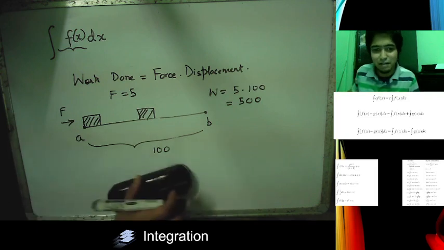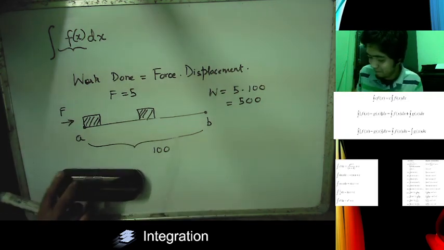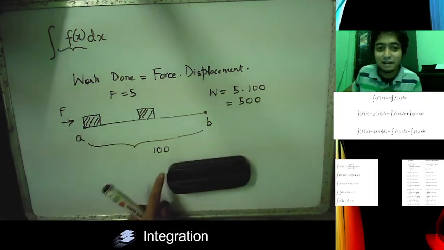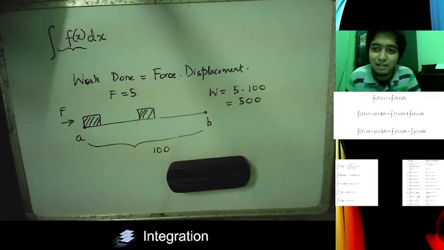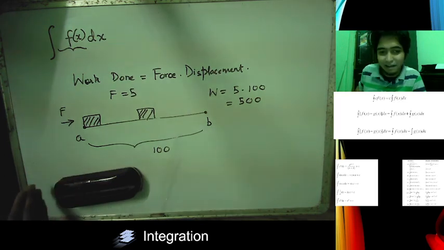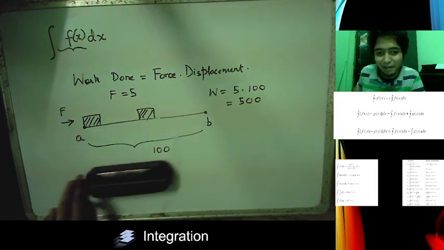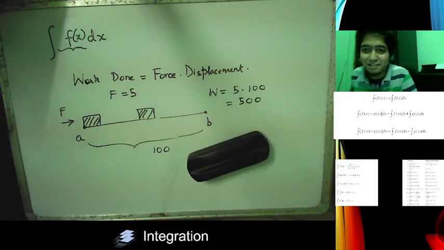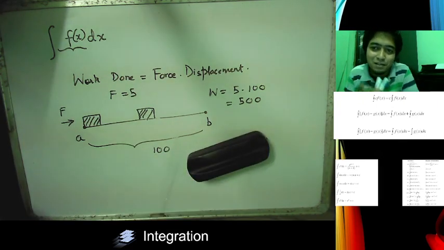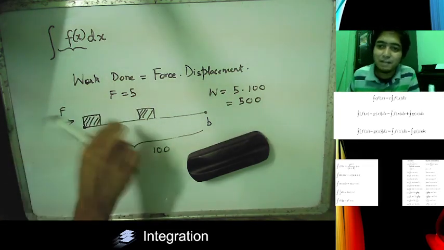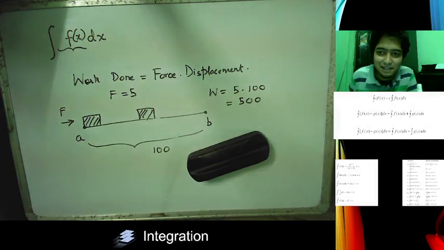For example, if I move this duster from point A to point B, we cannot guarantee that I am applying the same force everywhere. I may apply a very high force, then do it more slowly, and then again push it with a very high force. So what I'm saying is, the force that you are applying may not be constant as in this case.